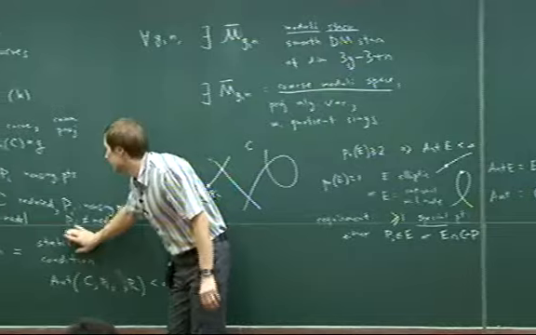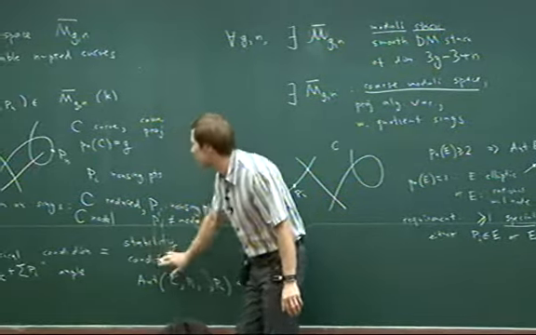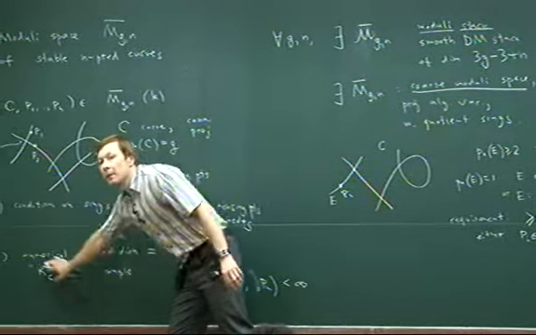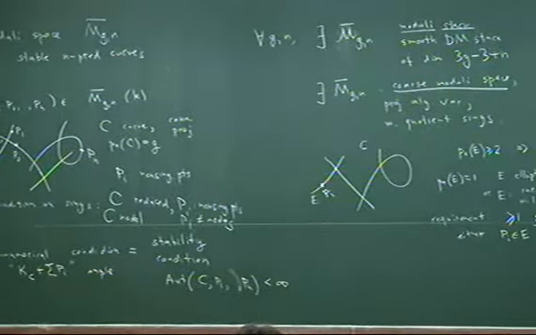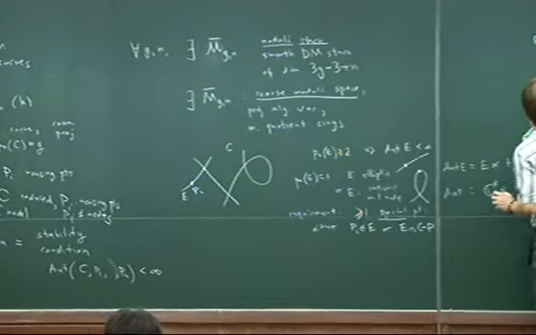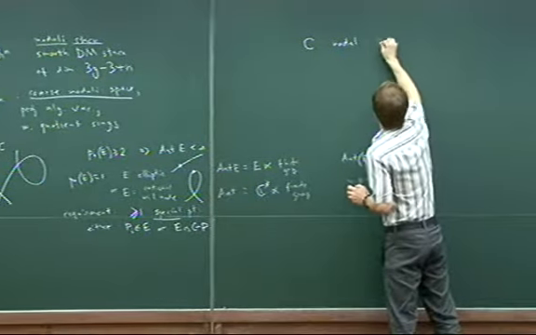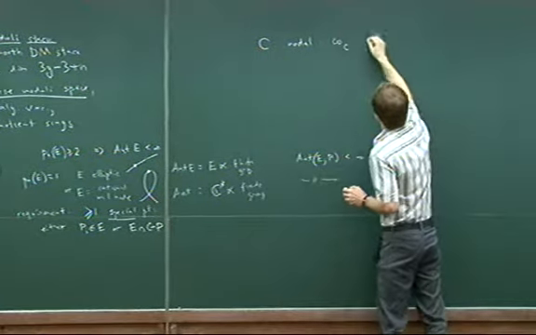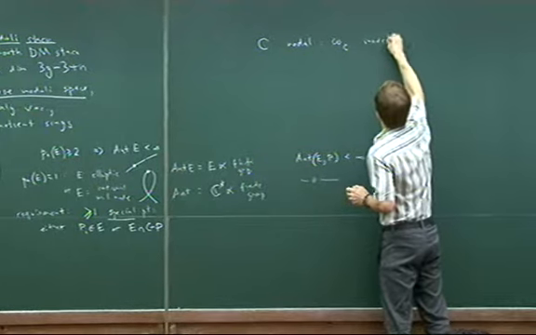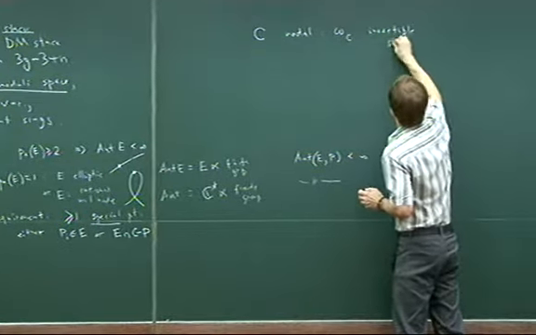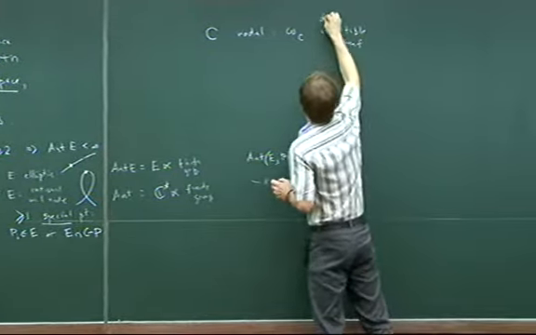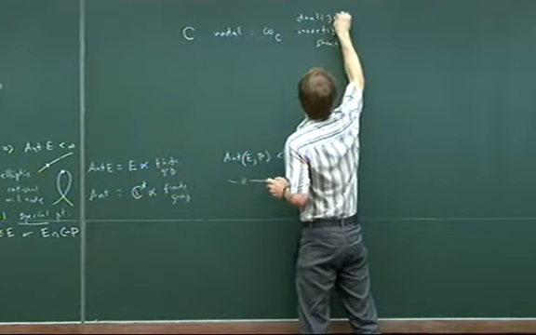So if you formulate it in this form, now if you look at the canonical class of C restricted to E, then since C is nodal, it has a dualizing sheaf, and this is an invertible sheaf.